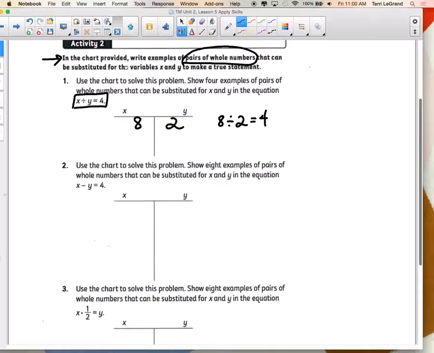Is that true, class? Okay, put that off to the side just for us to prove that we got a good pair. Okay, Kaden? 4. Okay, when x is 4 and y is 1, 4 divided by 1, sure enough, that equals 4 also, doesn't it? And they're a pair of whole numbers.